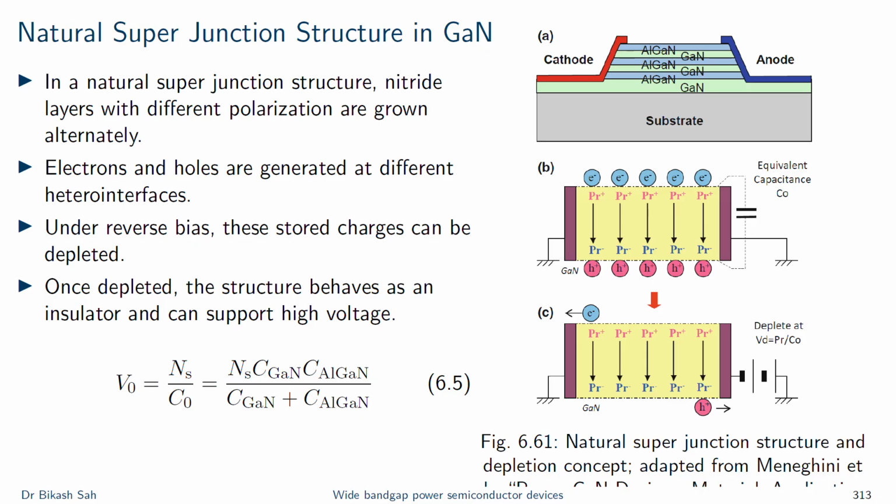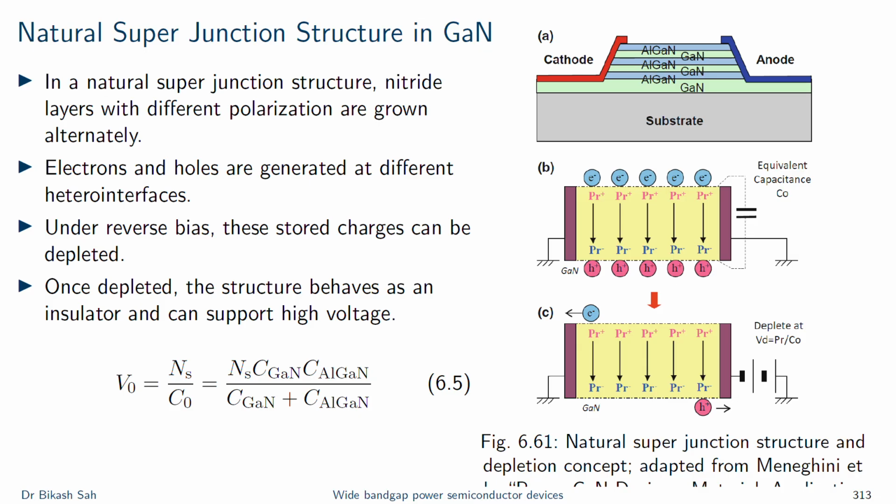The goal is to support high voltage while maintaining low on-resistance. But in GaN, because polarization charge can naturally generate electrons and holes at different heterointerfaces, alternating nitride layers can behave like a charge balance structure.